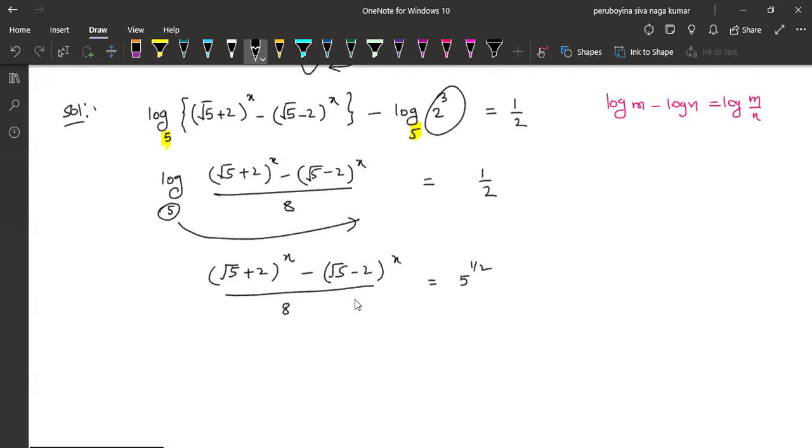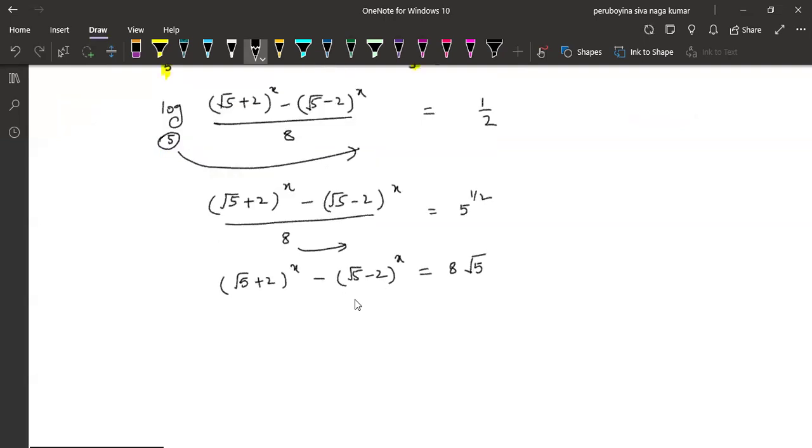Now this 8 is also moved to the right side. Therefore, (root 5 plus 2) whole power x minus (root 5 minus 2) whole power x is equal to 8 times root 5.